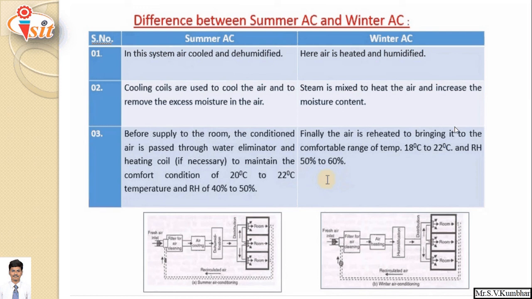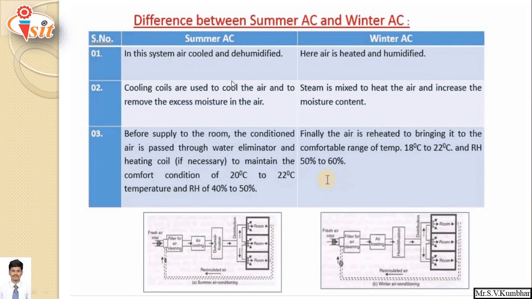That is, moisture is removed. That process is known as dehumidification. When air is cooled as it passes over cooling coil. On the other hand, in winter air conditioning system, air is heated and humidified. Humidification means addition of moisture.